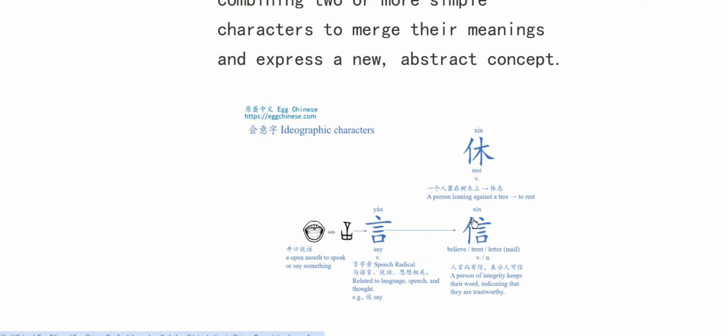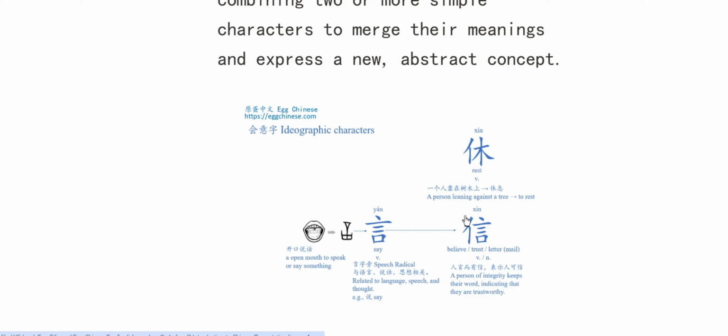And then we have this character. It has two parts. The left part is a person, and the right part means say something. If we combine the meanings of the two sides together, we know it is a person of integrity who keeps their word, indicating that they are trustworthy.